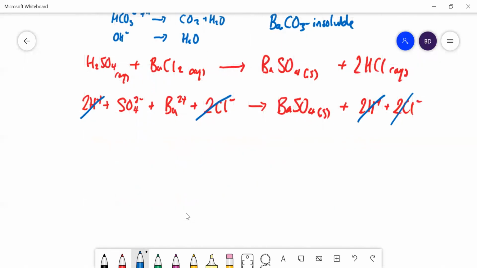Right, so we'll have a little think about barium sulfate. I think you need to realize that there's a medical use for barium sulfate. It's called a barium meal.